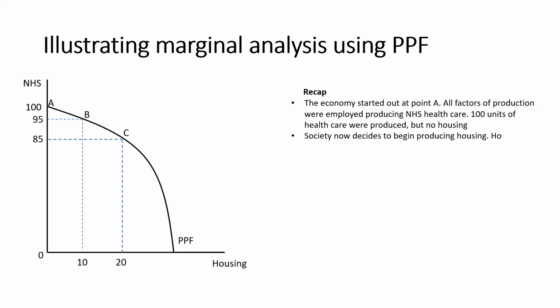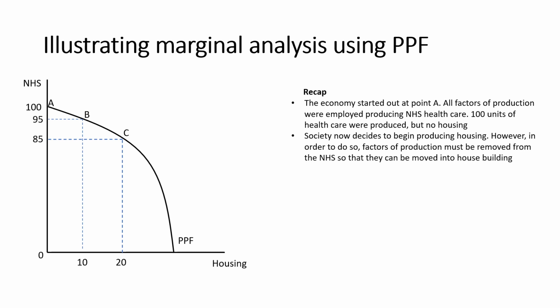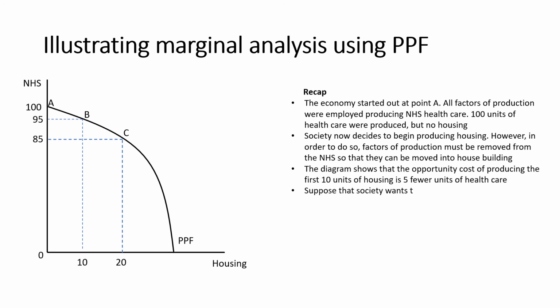Society now decides to begin producing housing. However, in order to do so, factors of production must be removed from the NHS so they can be moved into house building. The diagram shows that the opportunity cost of producing the first 10 units of housing is 5 fewer units of healthcare. Suppose that society wants to raise the output of housing again, this time from 10 to 20 units.